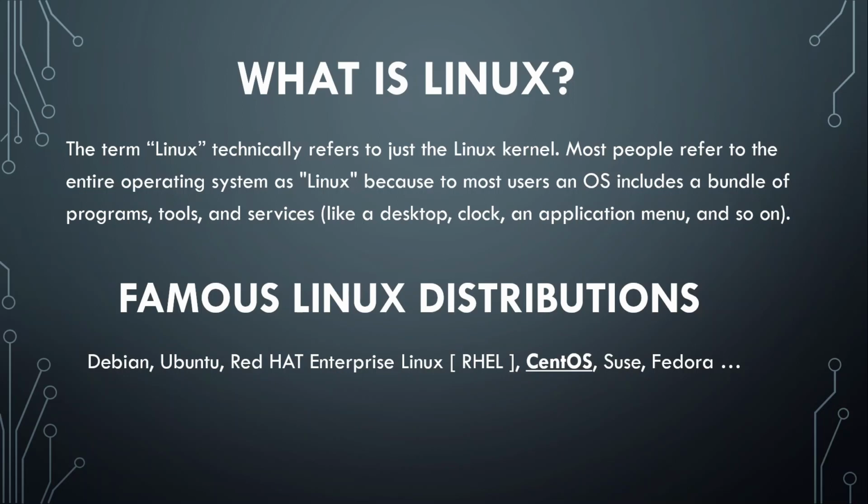From the next video, we will go through the installation of CentOS, and we also have SUSE, and we have another distribution called Fedora. So you can call these operating systems because they are distributions which contain software packages, the Linux kernel, and package managers.